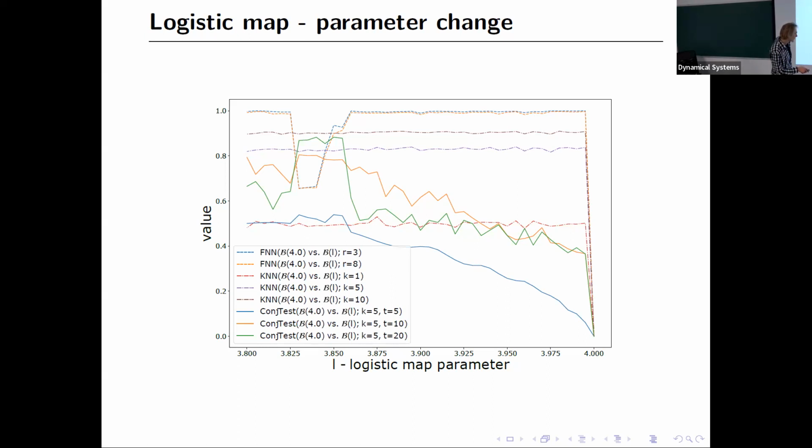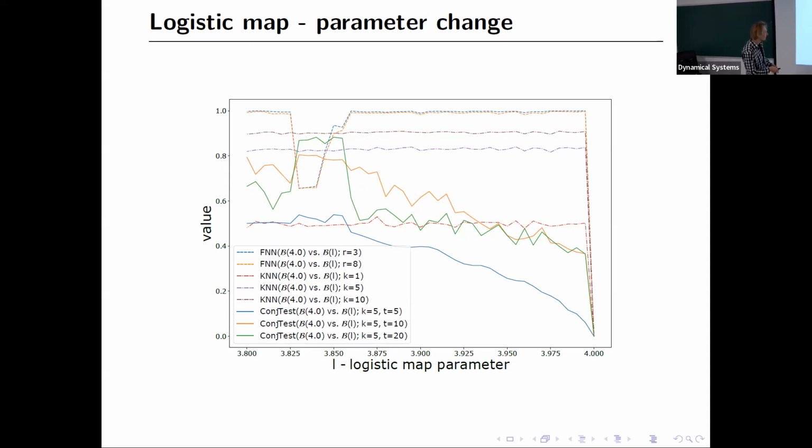So we can see that if we compare our original time series with time series from a shifted parameter value, then the value of the conjugacy test, at least for small t, so for small values of pushing the timing forward, is changing continuously, at least from the experimental point of view.